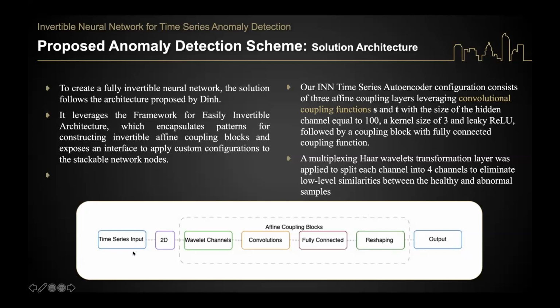For this particular problem, since we experimented with time series data, we tried to use convolutional layers, and we did a 2D transformation of this input. And then we also have this multiplexing wavelet transformation.